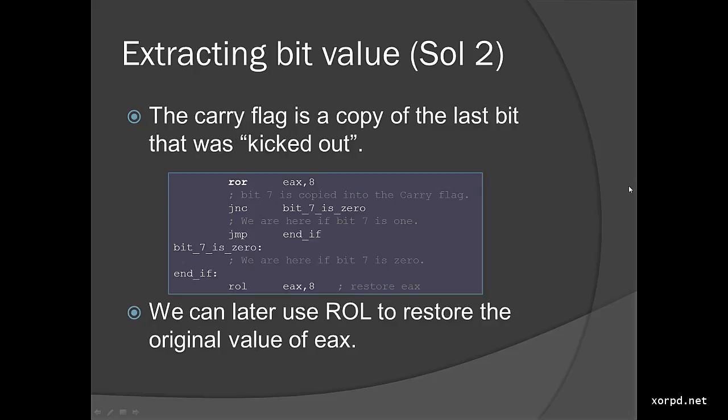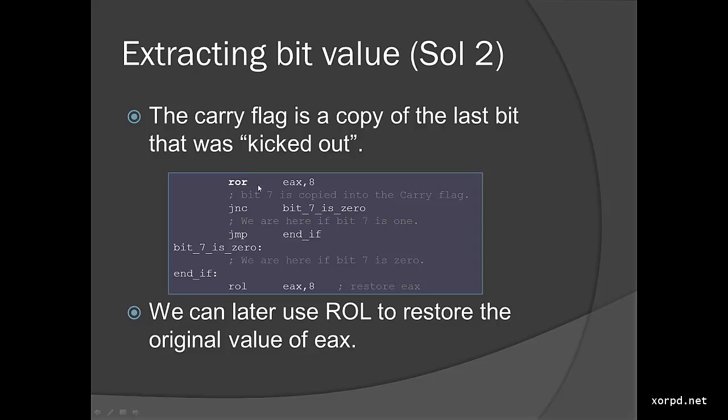Another idea for a solution. Recall that the carry flag is a copy of the last bit that was kicked out from the number. So maybe we can use some kind of instruction like ROR, rotate right. We can just rotate right 8 bits, and we know that the last bit that was kicked out is bit number 7.